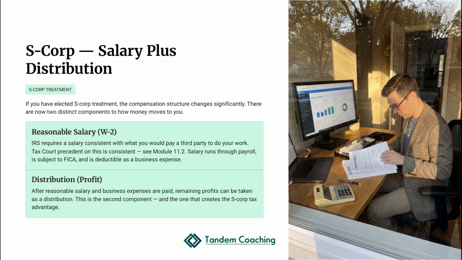The reasonable salary methodology is Module 11.2, and tax court precedent on what constitutes reasonable is consistent enough that you can defend a number built methodically. Salary first, run through payroll on whatever schedule your payroll provider supports, usually bi-weekly or monthly.